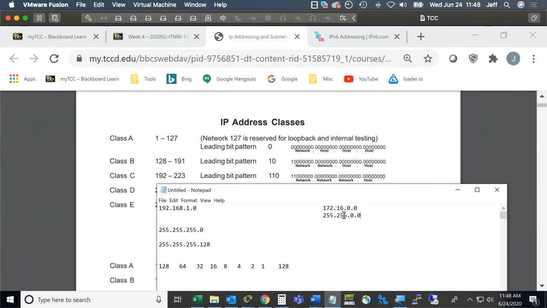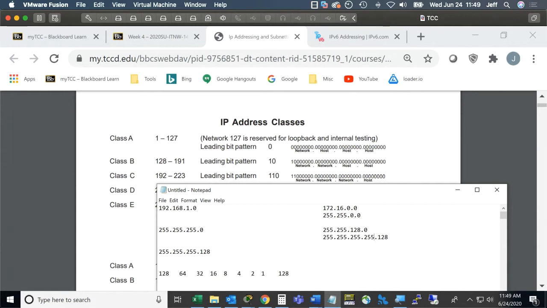All right, so the default subnet mask for a class B is 255.255.0.0, right? If we take one bit from it, then it becomes 255.255.128.0. But if we take 9 bits, it becomes 255.255.255.128.